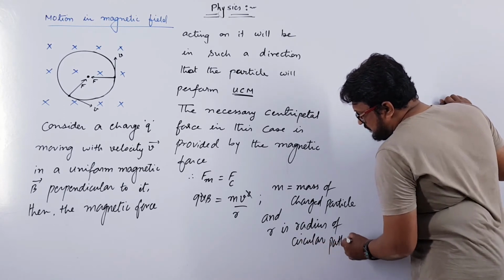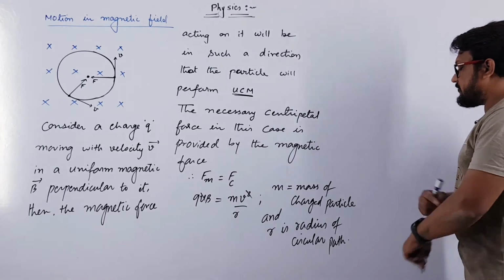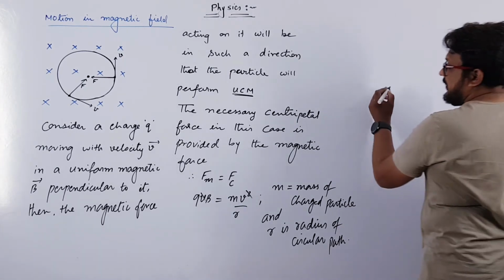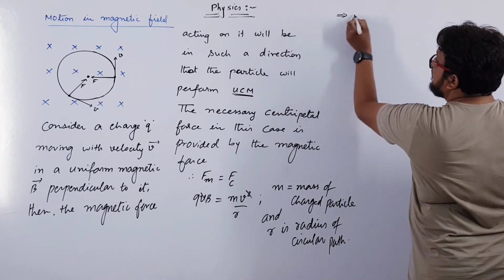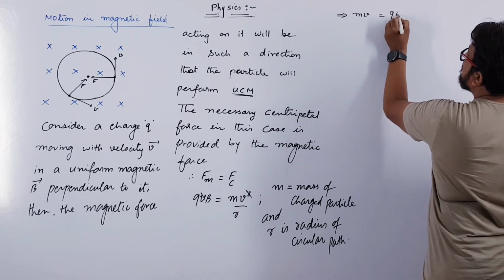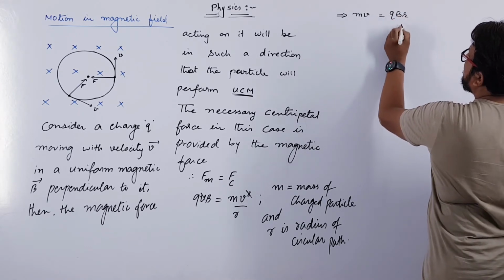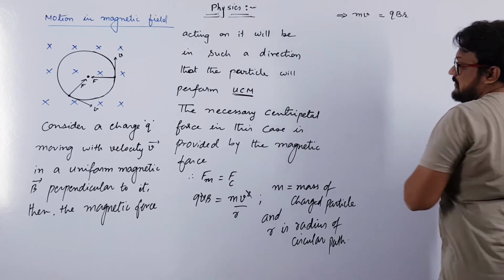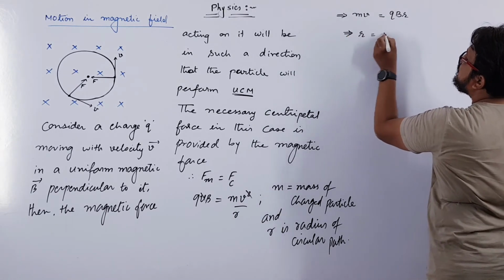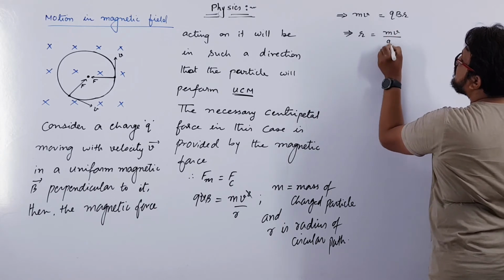Here m is the mass of the charged particle and r is the radius of its circular path. Clear? So you can say that this implies mv is equal to qBr, or this implies that r is equal to mv over qB.